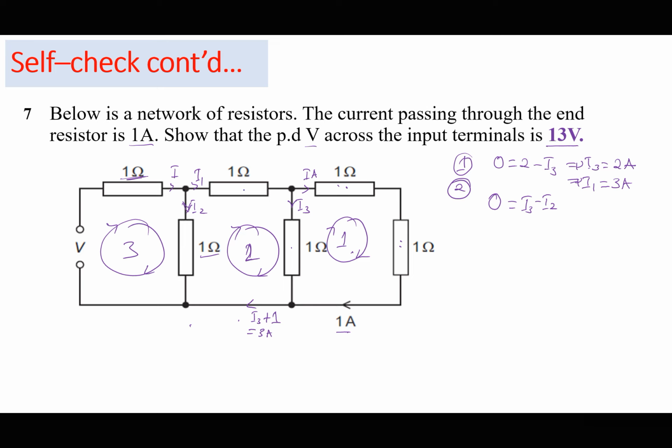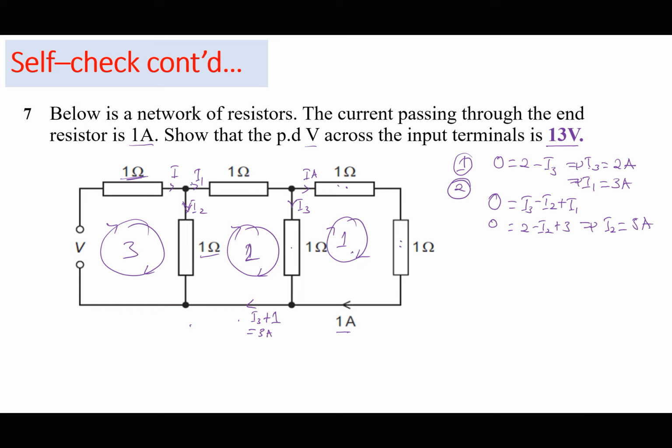I1 is in the same direction as the loop, so this would be plus I1 times 1. So remember, I3 is 2, I2 is not known, I1 is 3. So this means that I2 is going to be equal to 5 amperes. So I know I2 is 5 amperes.